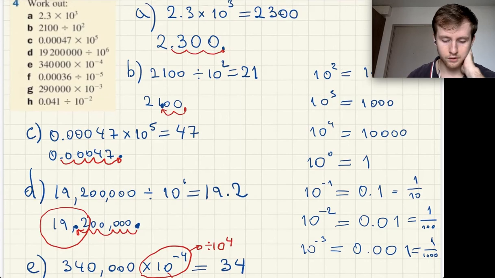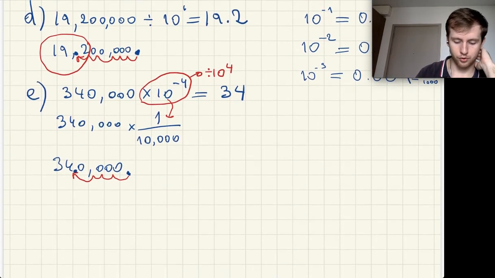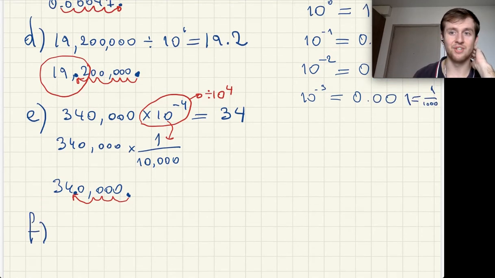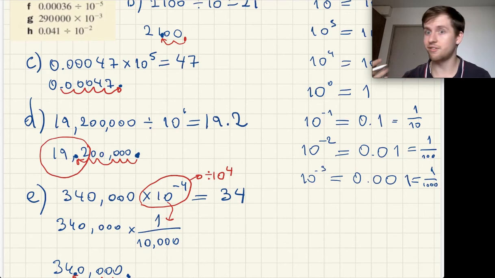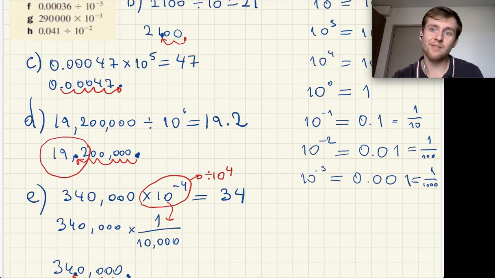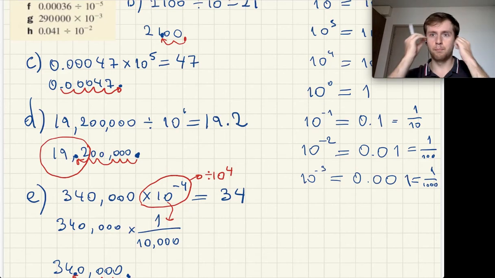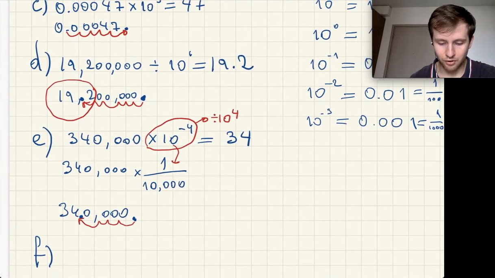And let's do another one with negative power. Let's do a division by negative power. That's double tricky, actually, because you would think that because it's division it should decrease, but actually it's a negative power, so division by negative power increases the number. Boom, right? A bit of an interesting concept.